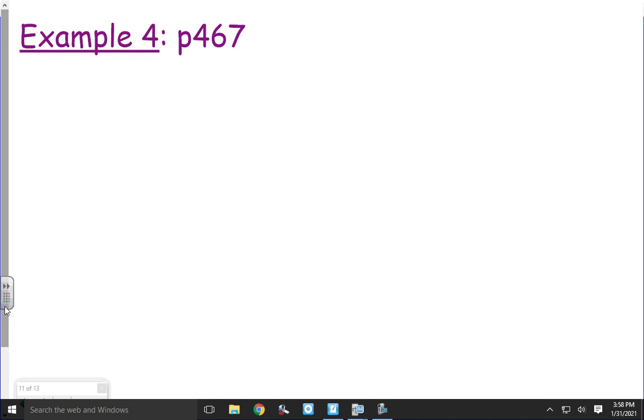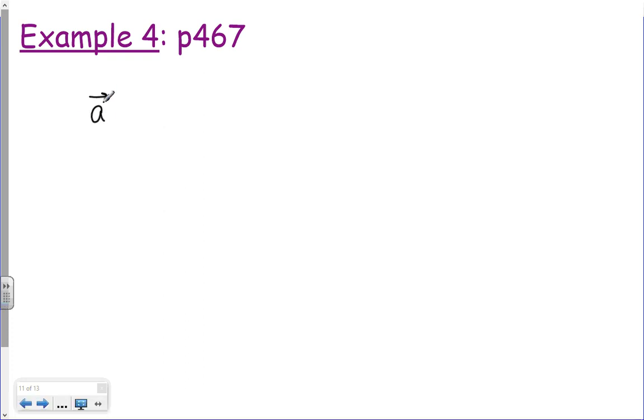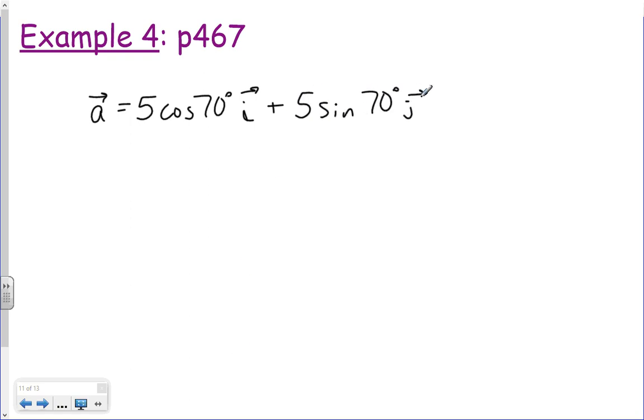Okay, so I'm just going to go ahead and write down what these vectors are. We now should understand how to write a vector in its component form. So let's just write it that way. They told us the magnitude was 5. So it's 5 cosine of 70 degrees times vector i plus 5 times the sine of 70 degrees times vector j. So that's vector A. Do the same for vector B. Vector B was 6 at 25 degrees.